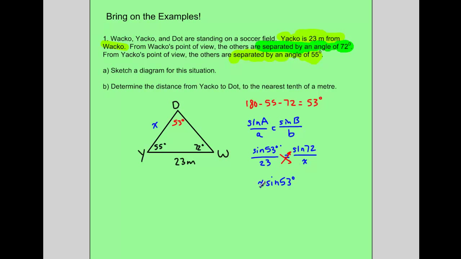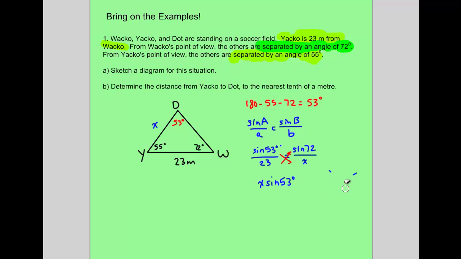Always write the variable or number out in front, because otherwise it looks like I'm saying take the sine of 53x, which is not what I want. I want to take the sine of 53 and then multiply it by x. So the proper notation in math when you have a variable or a number being multiplied by a trig function is to put that letter out in front. That's how I want you to write it, and it's the expectation.